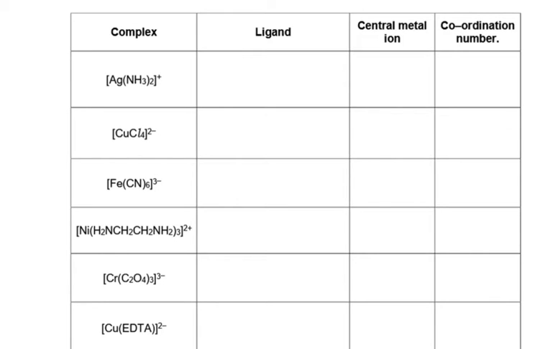So, in the first example, we've got silver with 2 ammonias, so our ligand is an ammonia molecule, and we have 2 of those. The metal is obviously silver, and we can see that the complex has a charge of just +1.